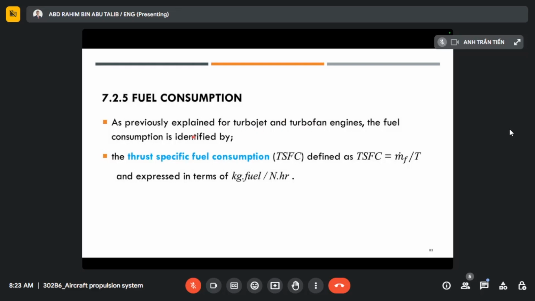The fuel consumption is defined as the thrust specific fuel consumption, TSFC, which is defined as TSFC equal to m.f, mass flow rate of the fuel, over the thrust. Okay, the thrust specific fuel consumption equals the mass flow rate of the fuel over the thrust itself, and is expressed in terms of kilogram fuel per Newton hour. All right, that is what we have already seen in our previous chapter number 6.